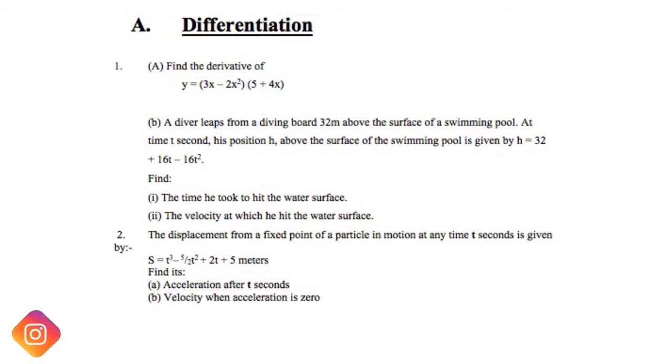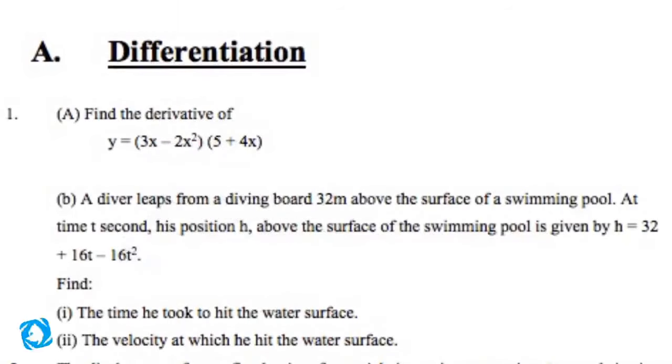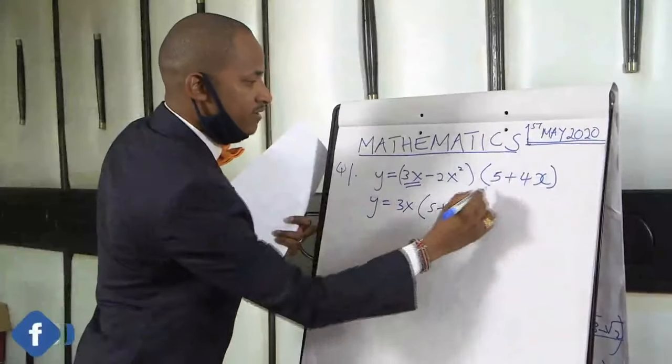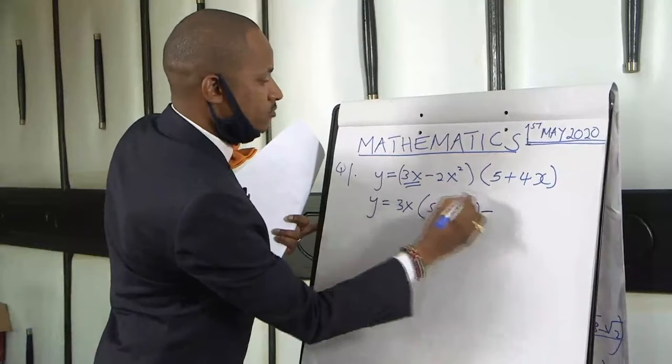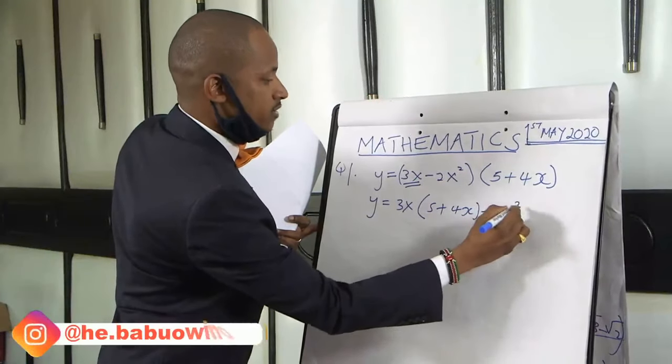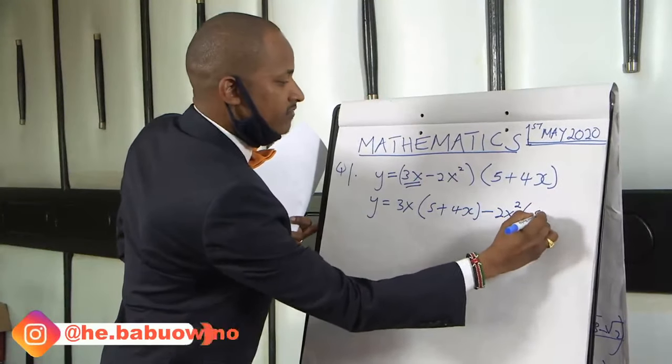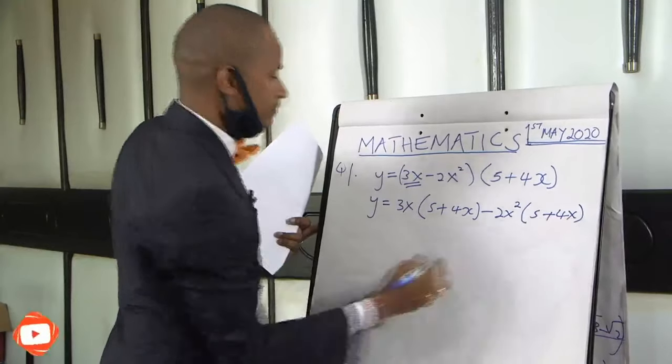The first thing when you are faced with such a challenge in finding the derivative, you first of all expand the bracket. So by expanding the bracket, we have y is equal to 3x multiplied by 5 plus 4x, minus 2x squared into 5 plus 4x.